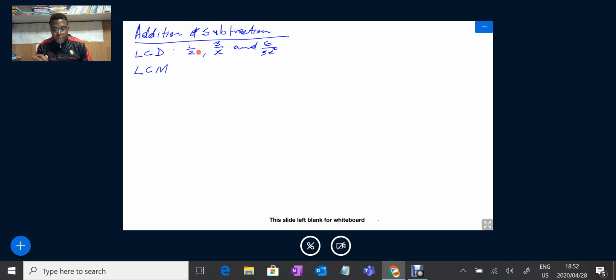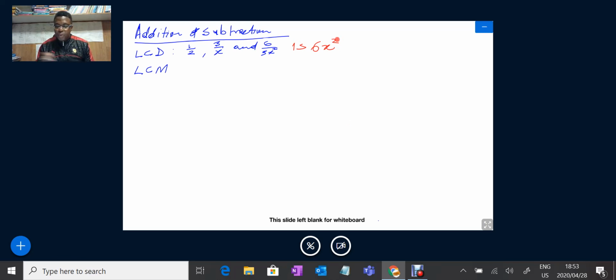Also the variable that will accommodate our problem here. So the LCD is 6x squared.